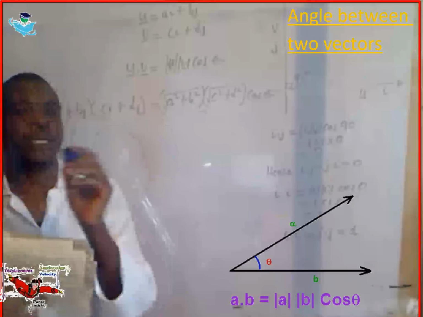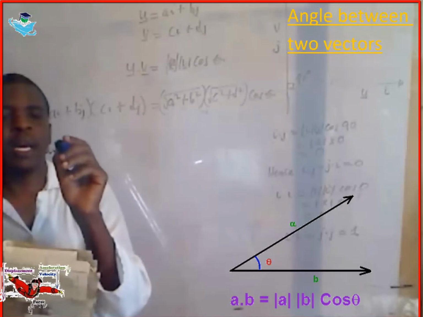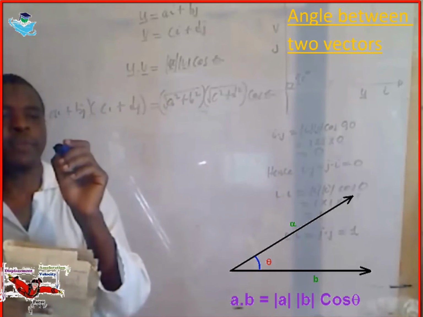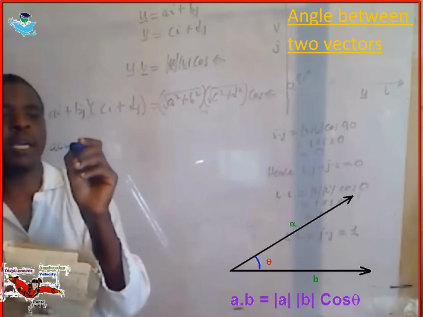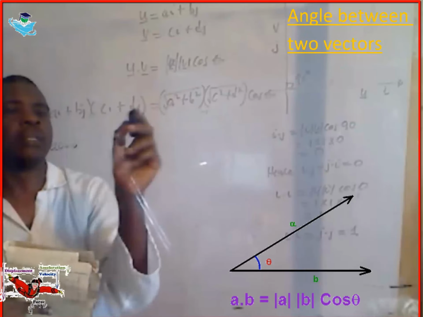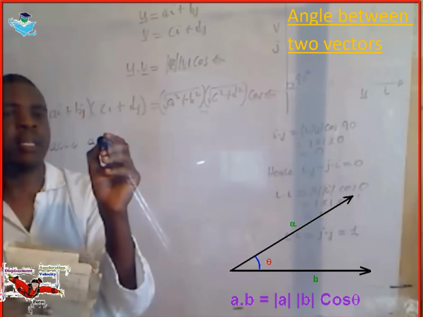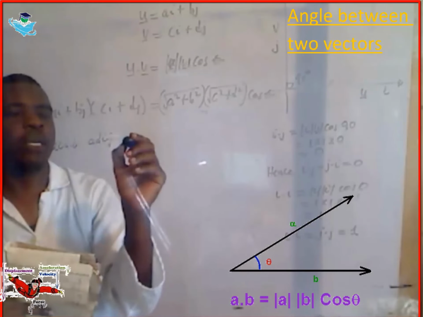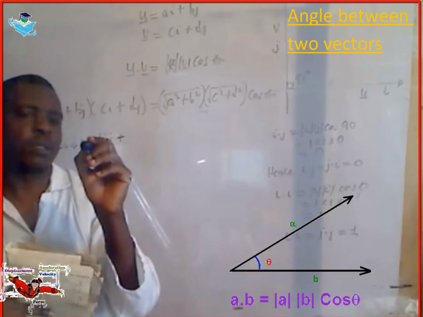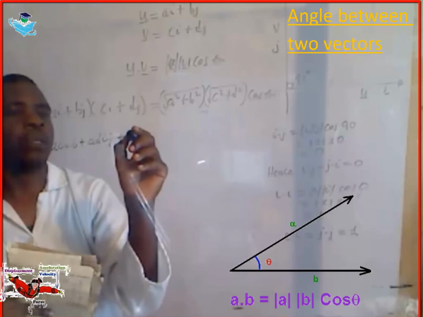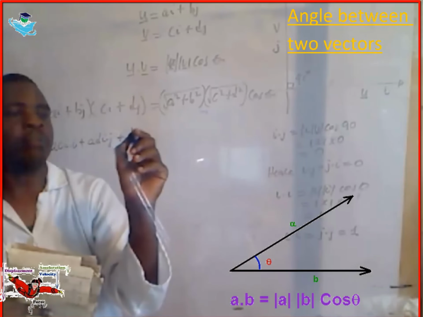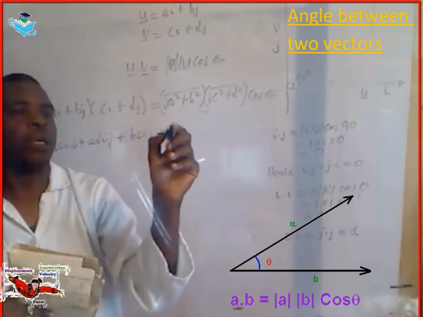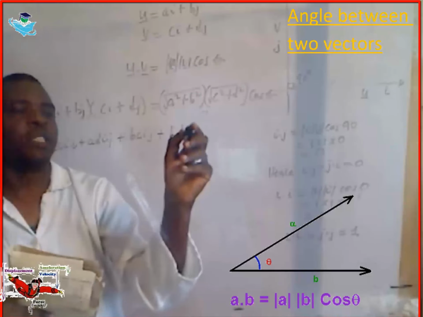If we expand this, we are going to have ac i dot i, then ad i dot j, plus bc i dot j, plus bd j dot j.